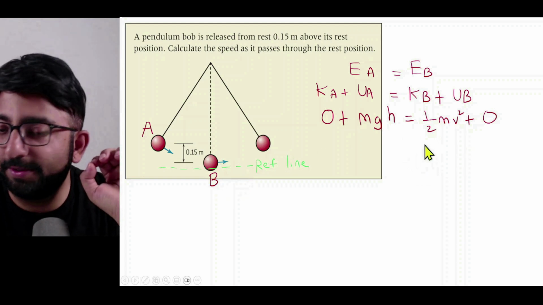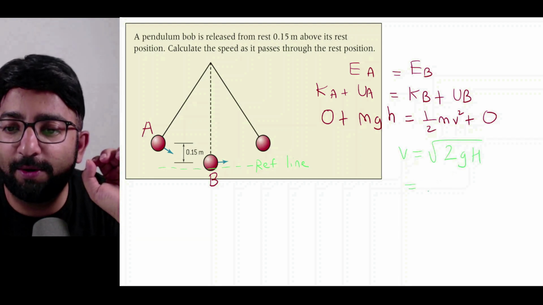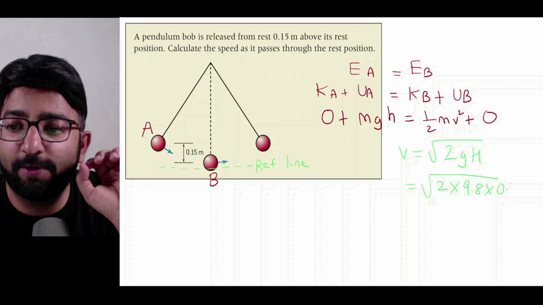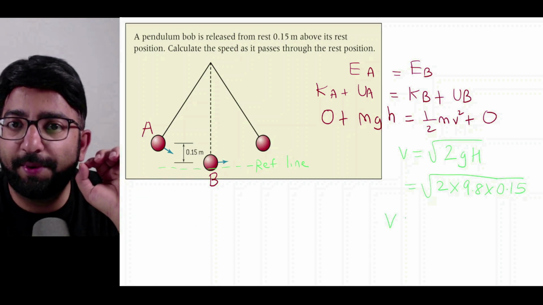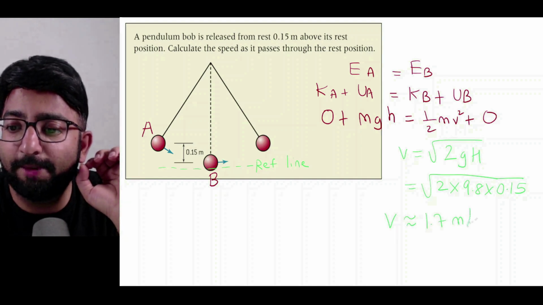And now let's simplify this equation. If we make v as the subject, we will get root 2gh, and let's put all the values in. Square root of 2. Let's take the value of g as 9.8 and the value of height is given by 0.15 meters. And now if we simplify this expression, we will get an approximate value of 1.7 meters per second as the answer.